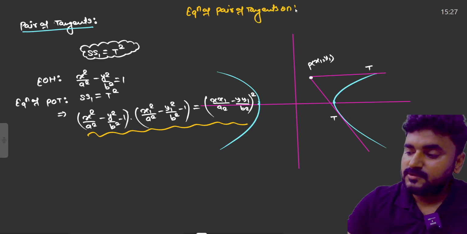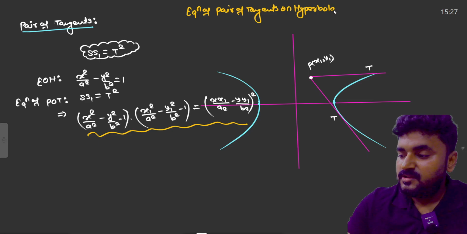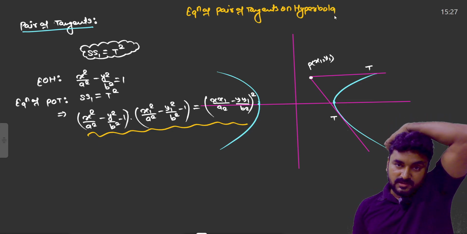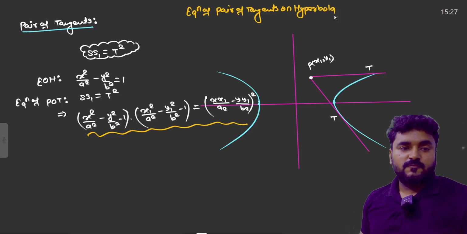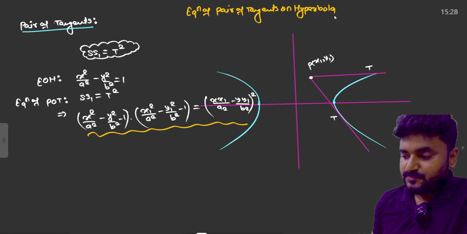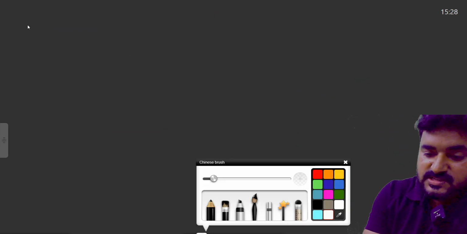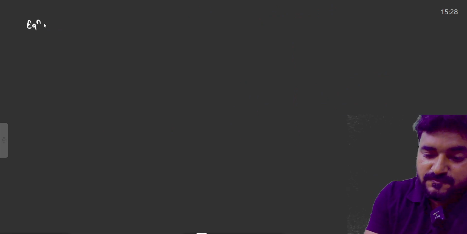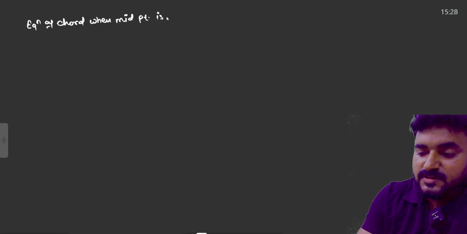Students, this is very important. After that, similarly, we can find the equation of the chord when the midpoint is given. So what is the equation of the chord when the midpoint is given?